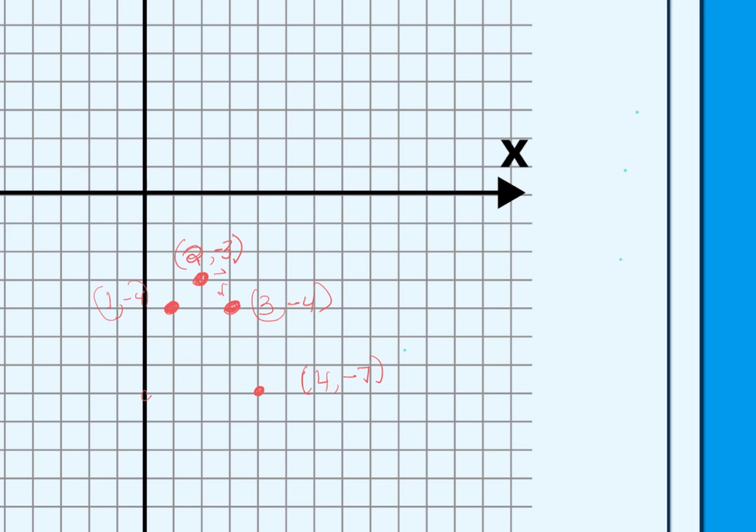And that's going to be exactly what we should have for the y-intercept, 0, negative 7. We're going to connect these points: 0, negative 7; 1, negative 4; 2, negative 3; 3, negative 4; 4, negative 7. Connect the parabola. You have an upside down parabola because you have a negative x squared plus 4x minus 7. That's what we're graphing. Y equal to.